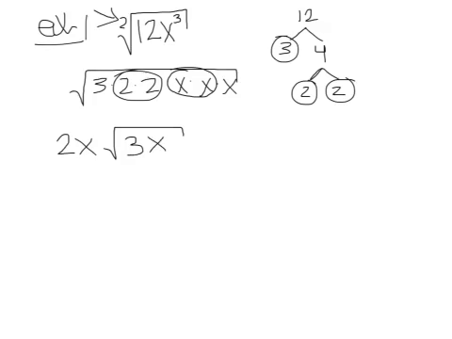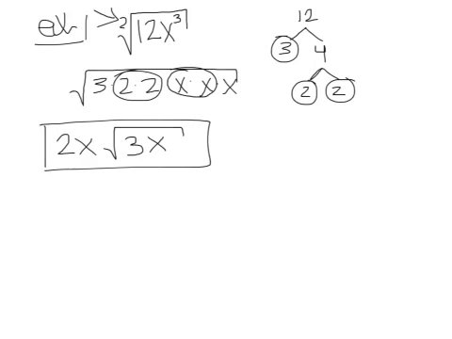Now, 3 and x, they don't have another partner that is similar to themselves, so that is actually our most simplified form. Now, again, I told you I will show you how to do this with the absolute value, but do not worry about that right now. So if you're thinking, wait, what if x is positive or negative, yes, you should be thinking in that direction, but I'm not going to go into it in this video.